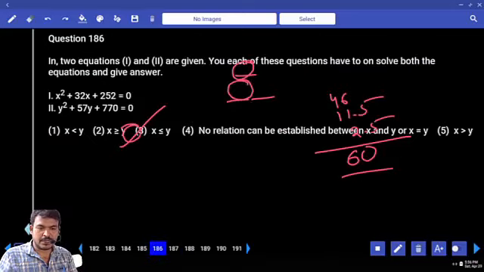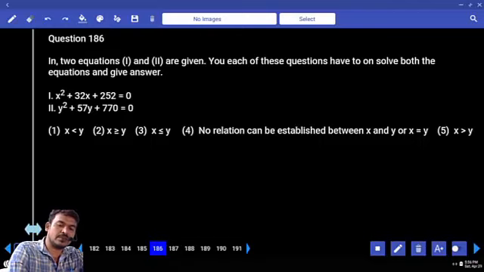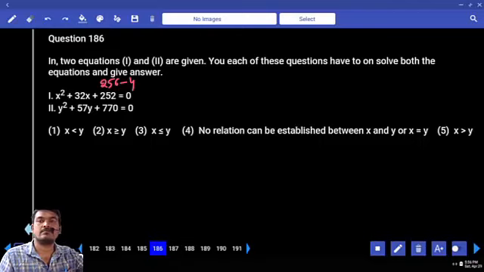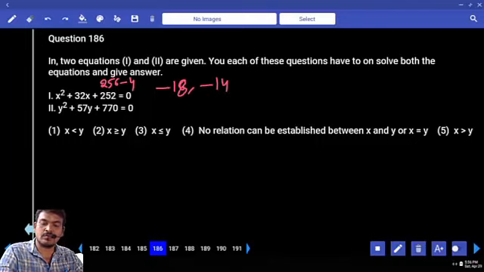Question number 186. X square plus 32x plus 252 equal to 0. 252 is written as 256 minus 4, which means 16 square minus 2 square: 16 plus 2, 16 minus 2. 16 plus 2 means 18, 16 minus 2 means 14. One root will be minus 18, another one minus 14.